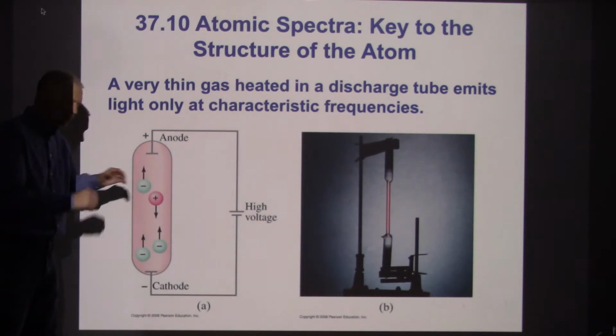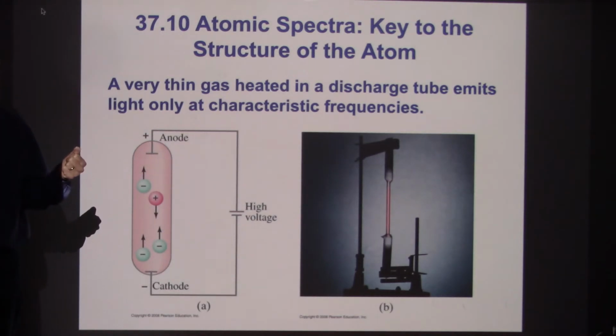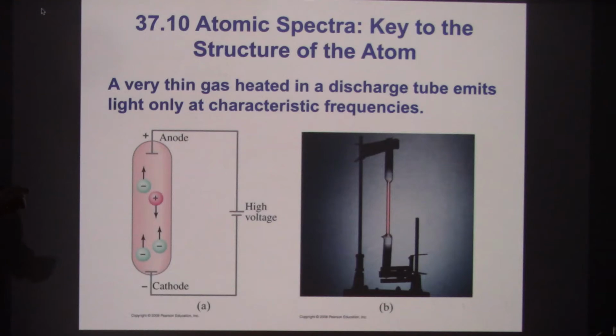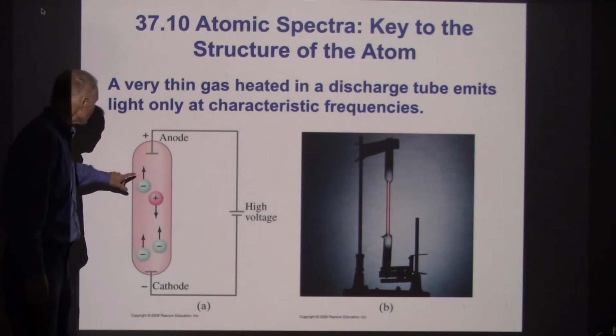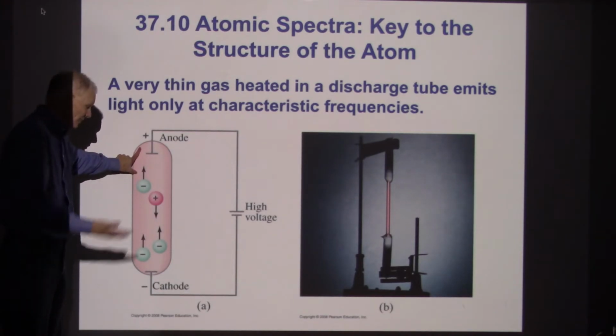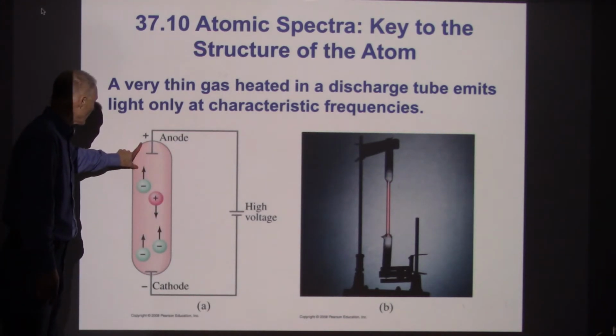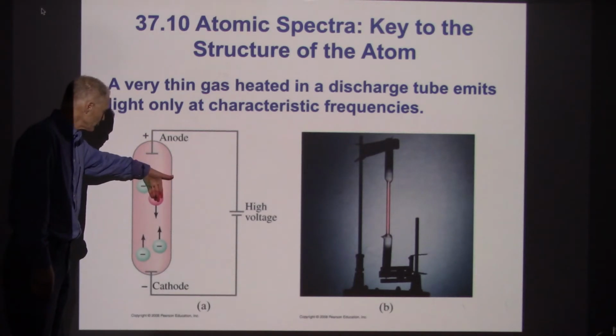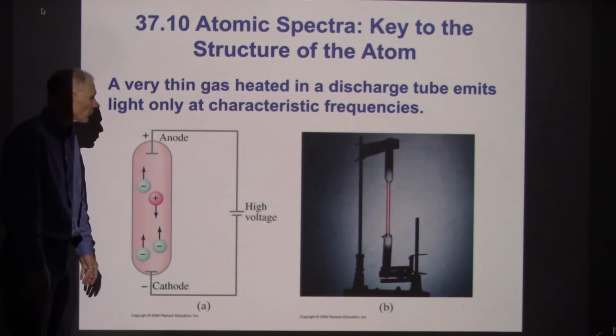The electrons would be pulled away from the nuclei, and you no longer have molecules of H2, you just have individual electrons and protons. So here are the electrons going one way, and here are the hydrogen nuclei, the protons, going the other way.